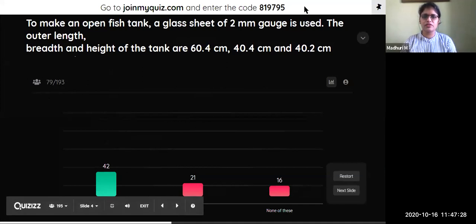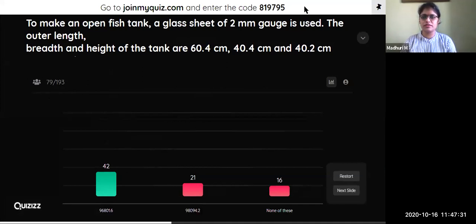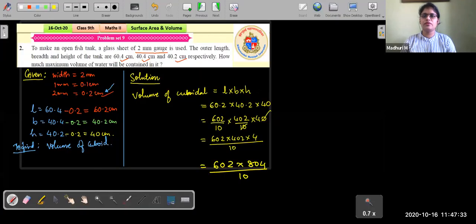So let us move back to the original screen so that you can see the answer, the calculations. When you multiply these two numbers, you should get the volume to be, just a minute.